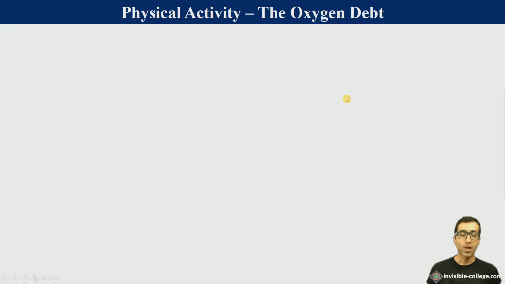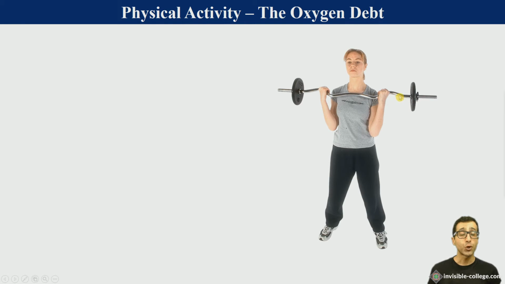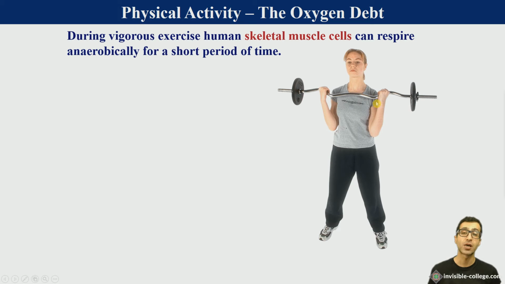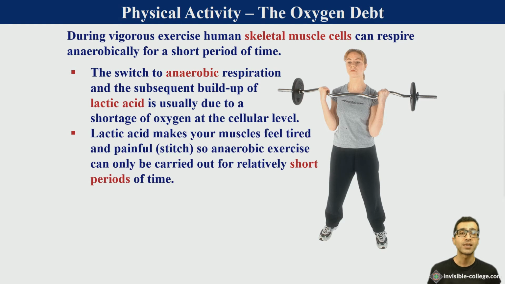This links to an idea that we call the oxygen debt. During vigorous exercise, human skeletal muscle cells can respire anaerobically, but only for short periods of time. The switch to anaerobic respiration and the subsequent buildup of lactic acid is usually due to a shortage of oxygen at the cellular level. The lactic acid is what is responsible for your muscles beginning to feel tired and painful.